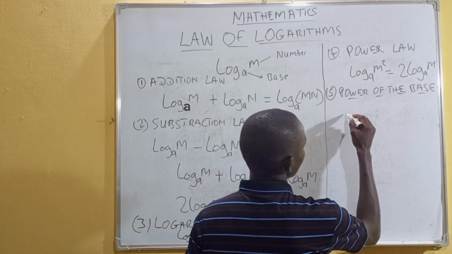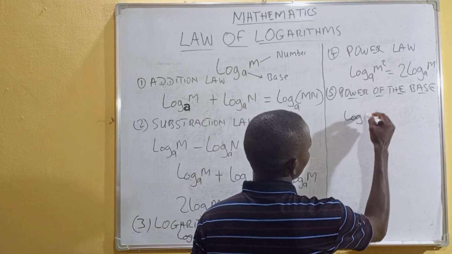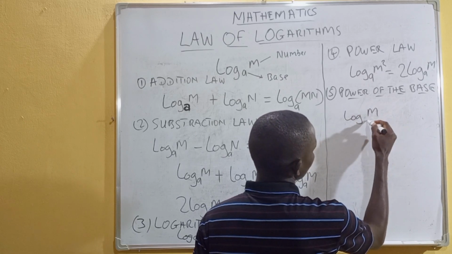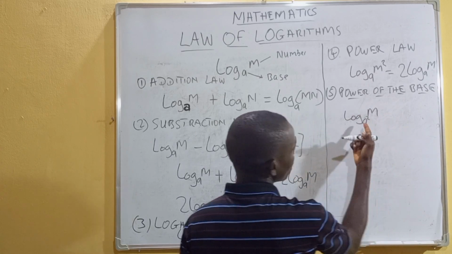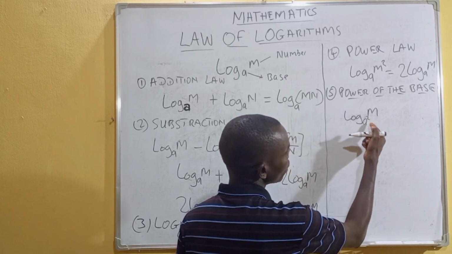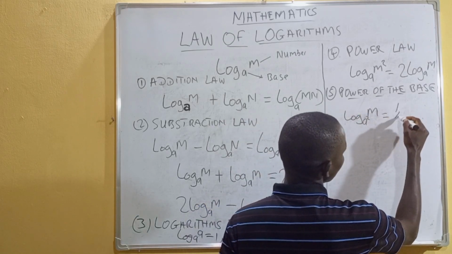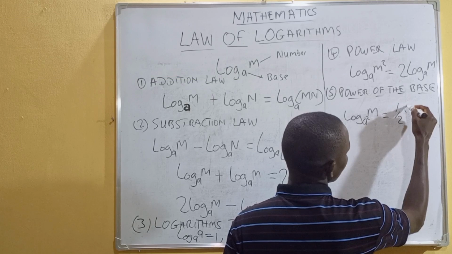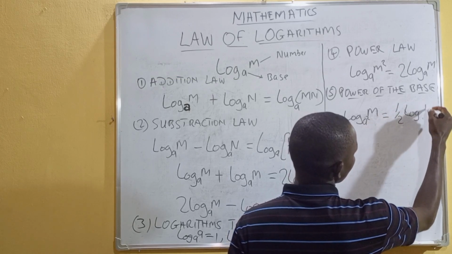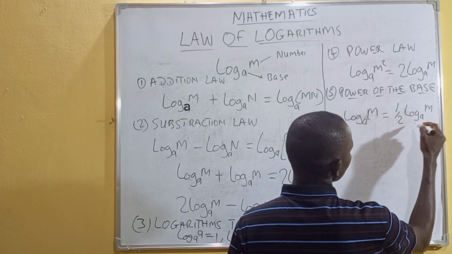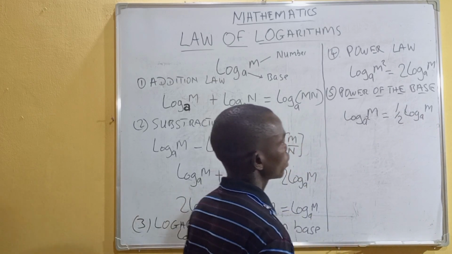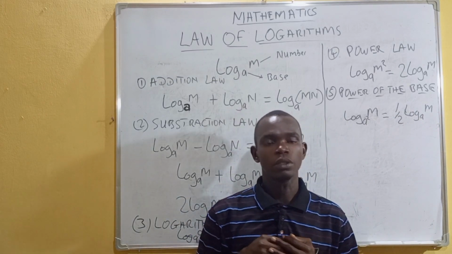If we have log of n with a base a squared, the reciprocal of the power of the base is used to multiply the logarithm. It will now become 1 over 2 times log n with a base a. This is what we call the power of the base.